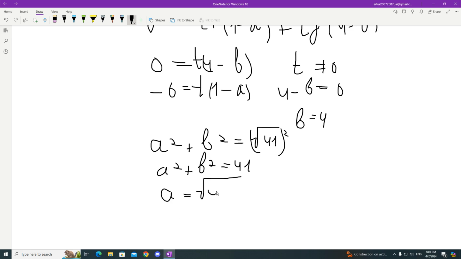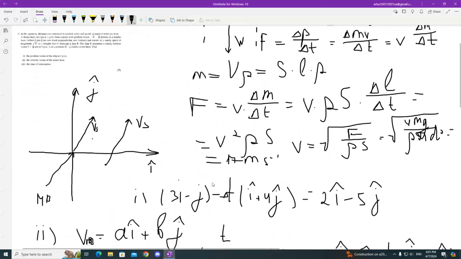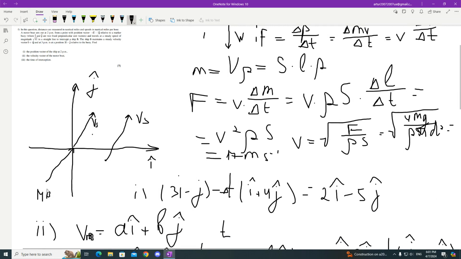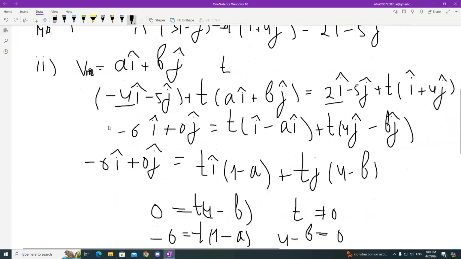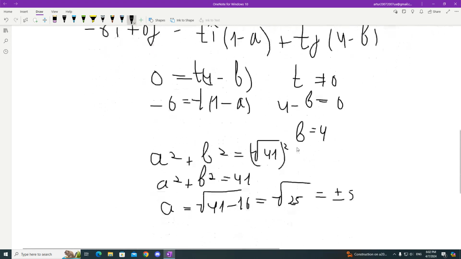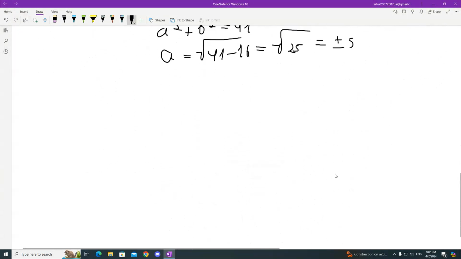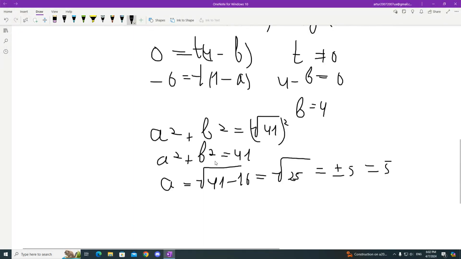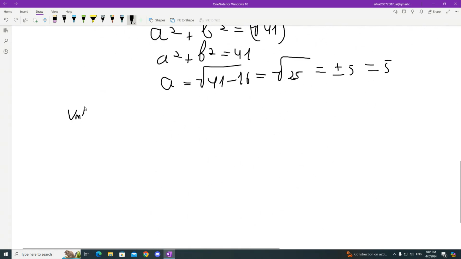It's the root of 41 minus 16, which is root 25, equal to plus or minus 5. But we know that the motorboat moves in this direction, so the i component a should be positive, so it's 5. So our velocity vector of the motorboat is equal to 5i plus 4j.